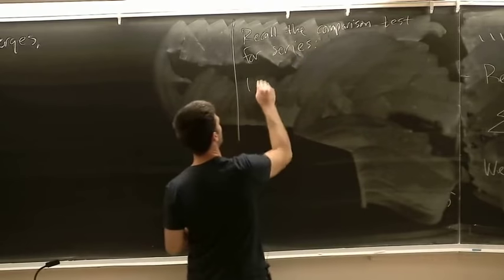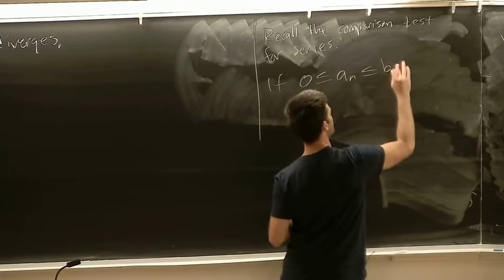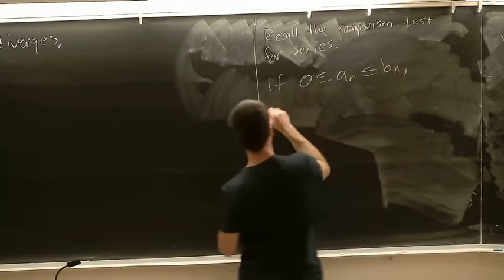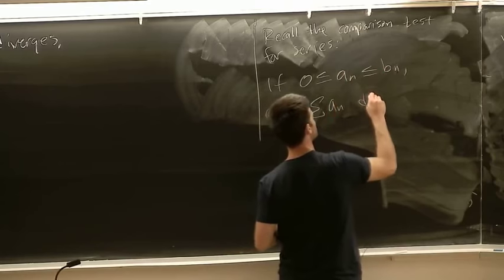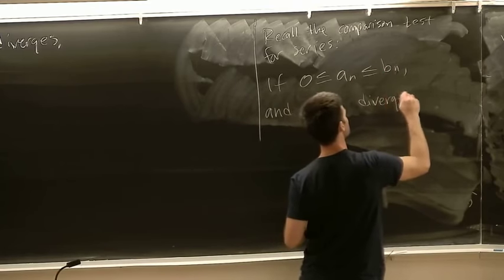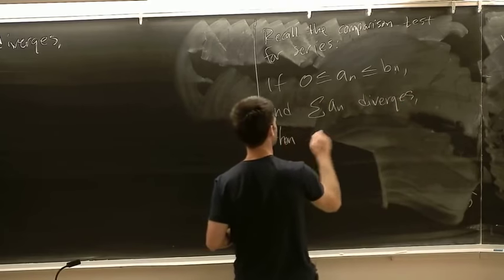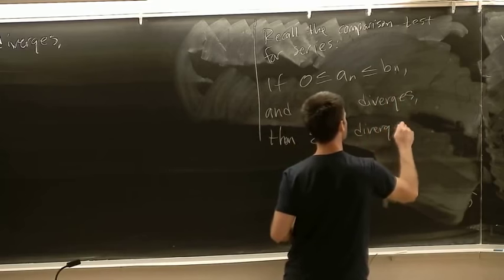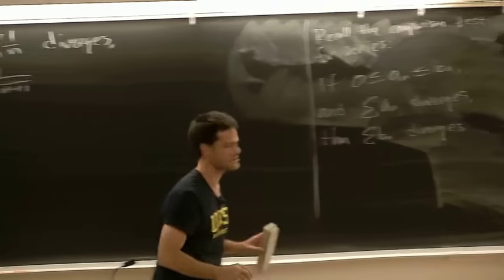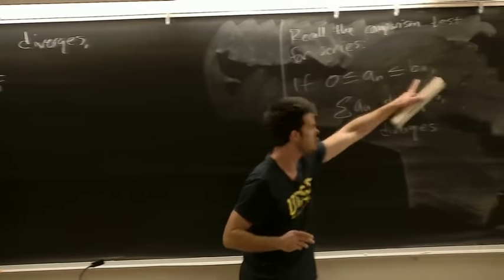It said if you have 0 less than or equal to An less than or equal to Bn, and An diverges, then so does Bn. And the other way, the converse, said that, on the other hand, if this one converges, then so does this one.